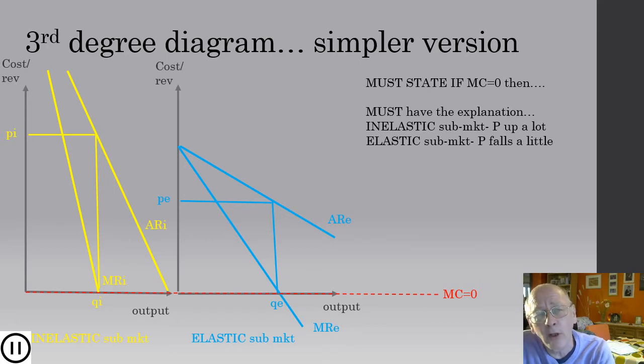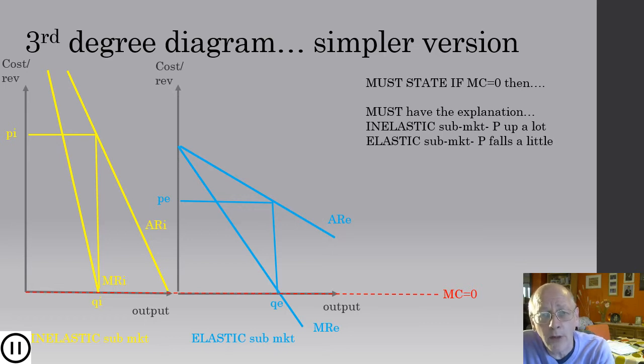So for rail firms, their costs aren't going to rise if an extra customer gets on the train. Same with the theatre. Unless someone on a train or on a plane is incredibly fat, they're unlikely to increase the total cost of running that plane or train by much at all. So MC equals zero is not a bad approximation.